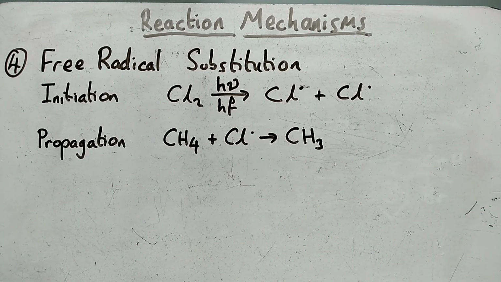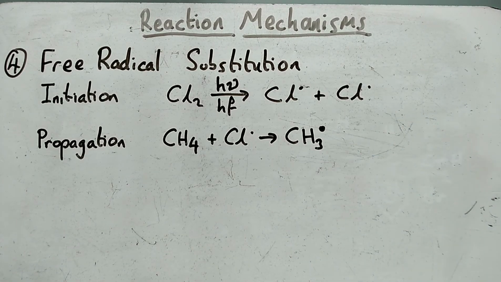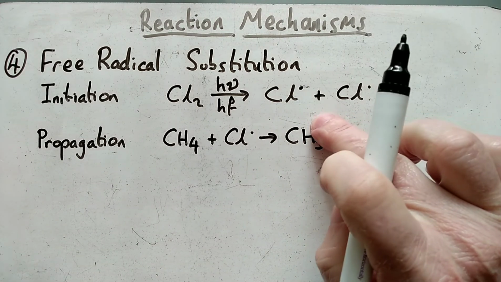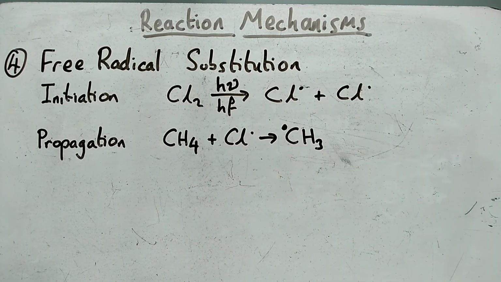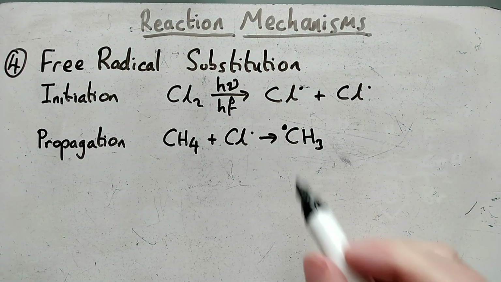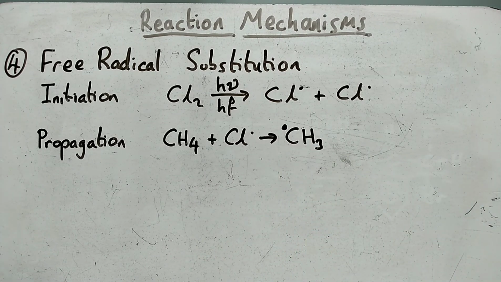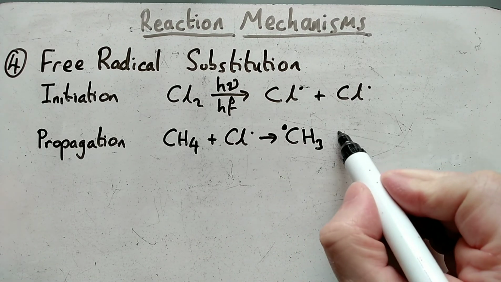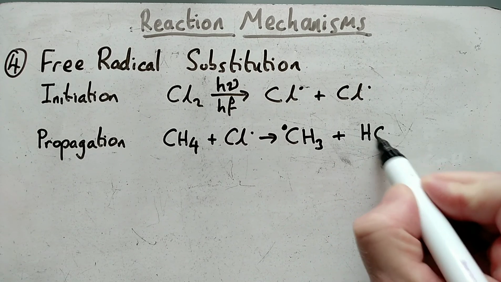Some exam boards are quite picky on this. They are starting to let people do it like that. Some exam boards like to see the dot on the carbon because that's where it would be. So just be a little bit careful on that. For the sake of completeness and making sure you're fully correct, put the dot on the C. And then that gives you HCl.